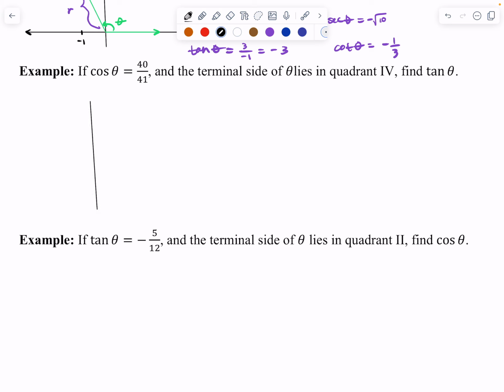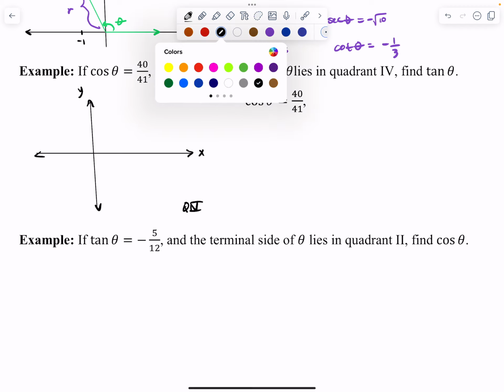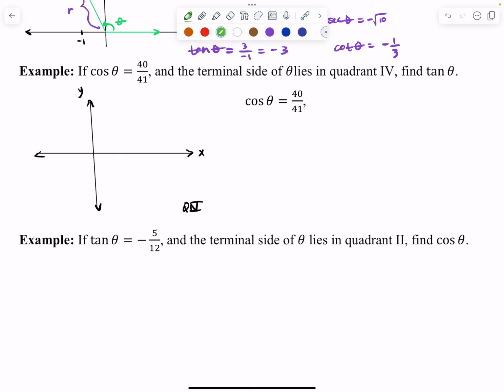So I think it's really helpful to draw the picture here. So quadrant 4, and thinking about theta being an angle in standard form, so Q4 is over here, okay? And then thinking about cosine, remember, is the ratio of x over r.